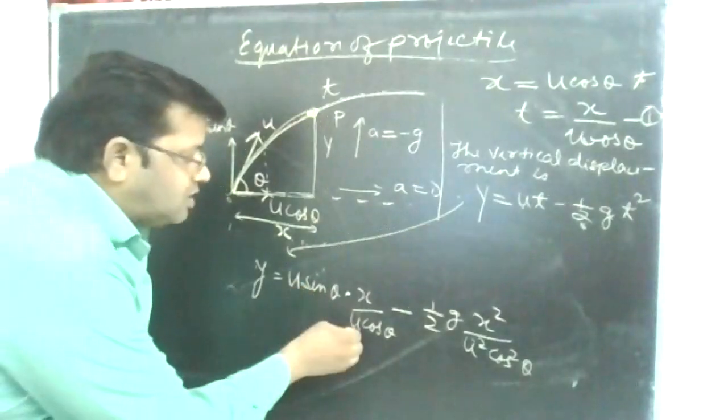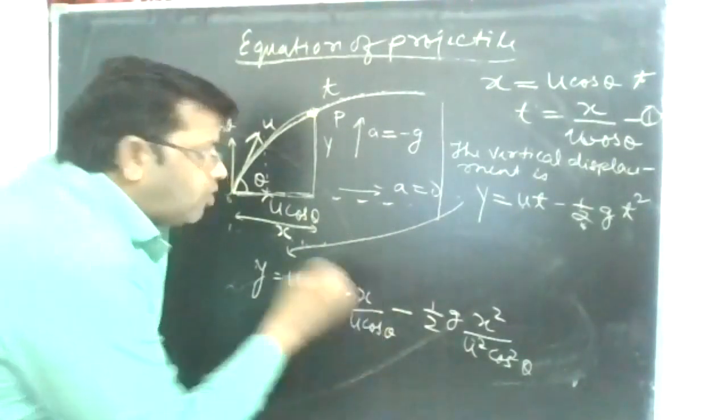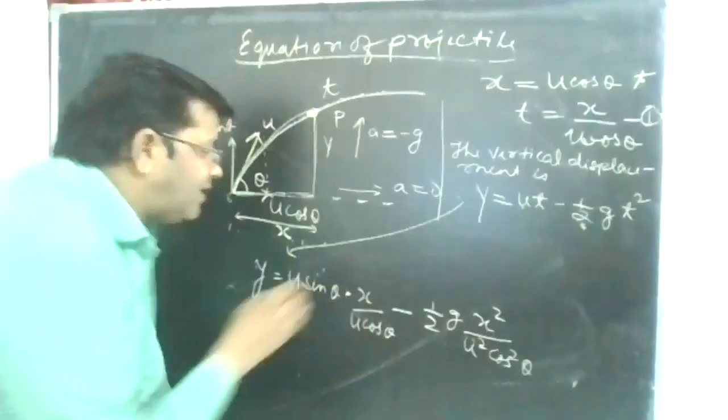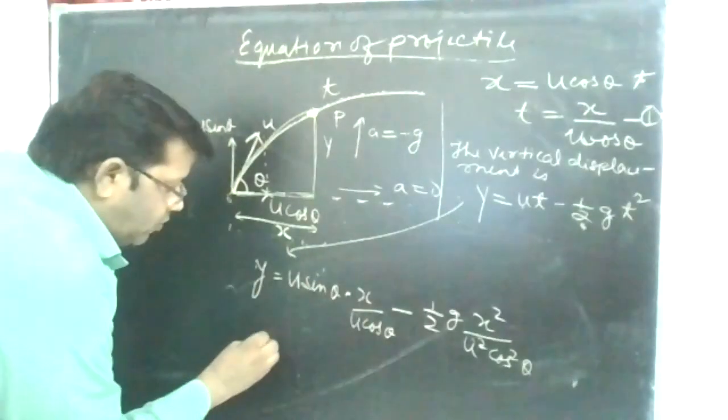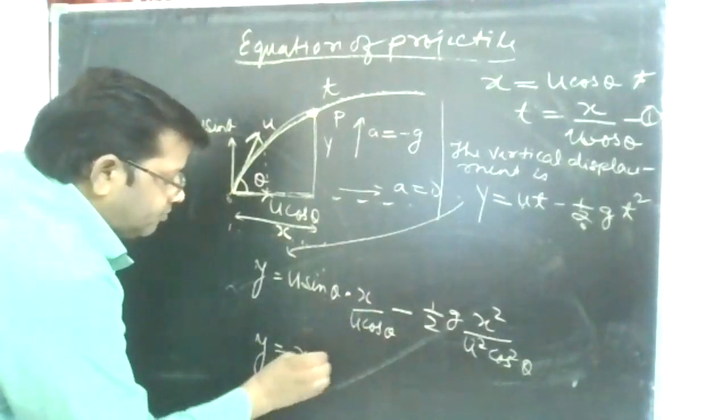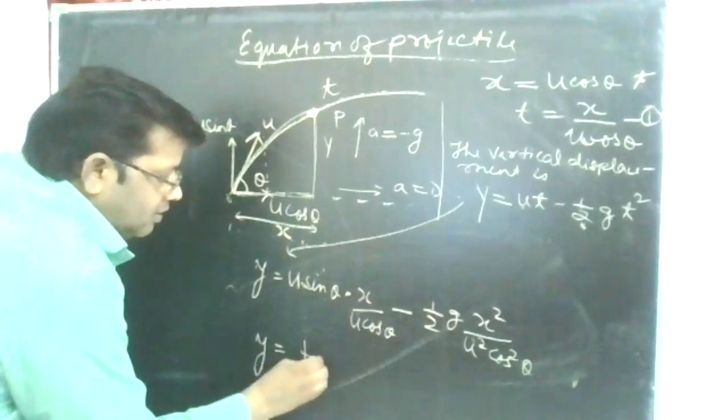So what do we cancel out? Sin theta by cos theta, that is tan theta. So this is the equation of projectile: x tan theta.